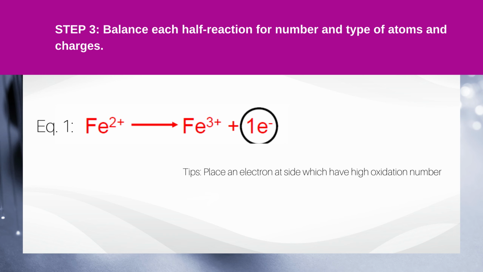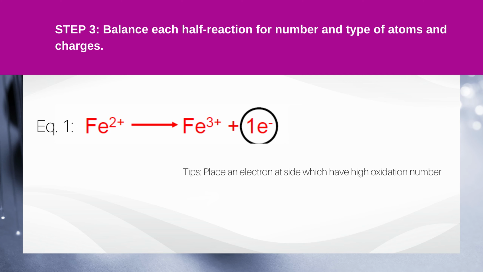One tip to balance a charge is we can place an electron at the side which has high oxidation number. At the left side, we have Fe2+, so we have two oxidation number. And at the right side, we have Fe3+, that means 3 oxidation number.